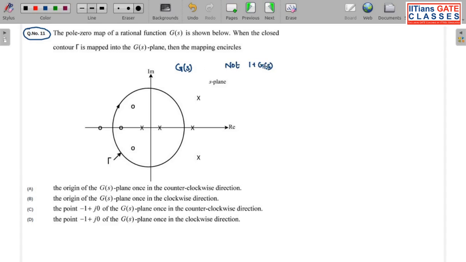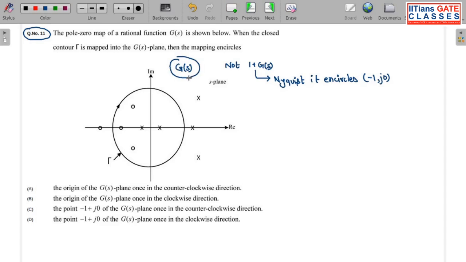In 1 plus G(s), our Nyquist contour encircles the -1 plus j0 point. But in G(s), it will encircle the origin.